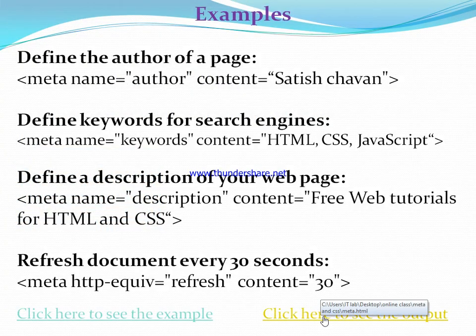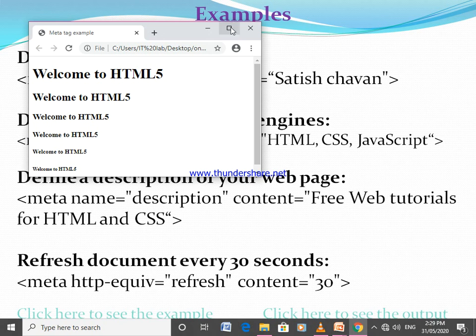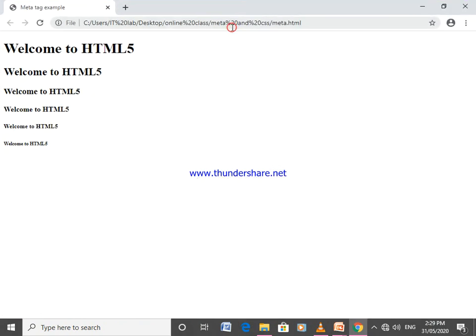So here I click on click here to see the output. You will get that output by using a browser, whichever is the default one, it may be Google Chrome, Internet Explorer, or Mozilla Firefox. This is the output of the meta tag example.